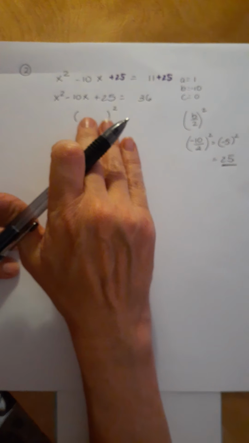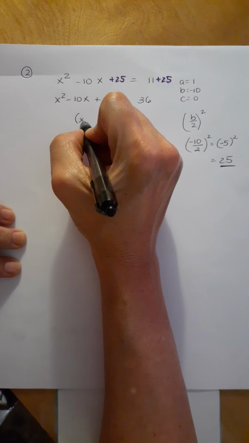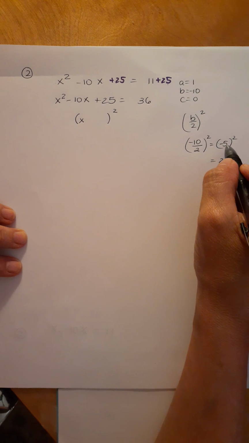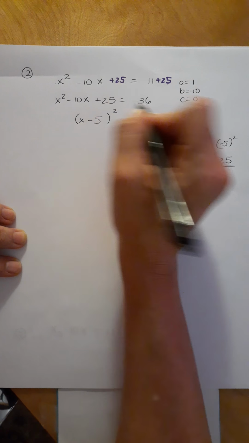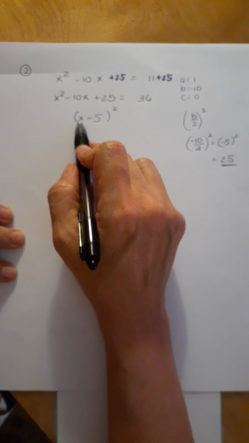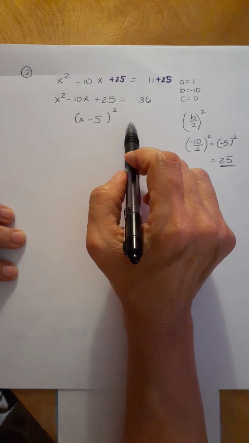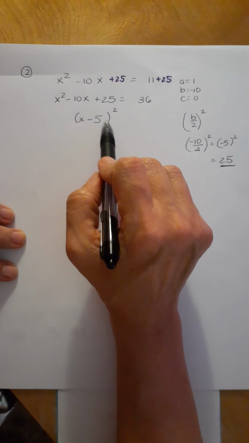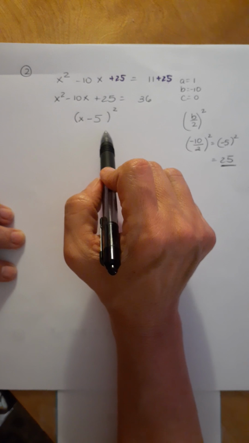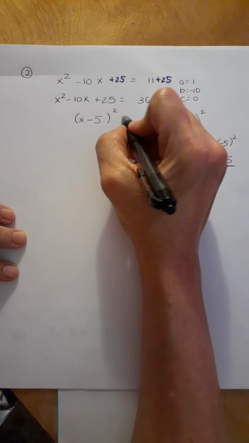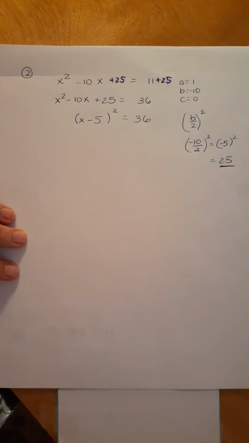It would be like 2 parentheses multiplied by itself. Your squared means you're just multiplying it by itself. My x is x times x. And that 25, what did we get in here in the middle? Negative 5, minus 5. And if I square x minus 5 times x minus 5, I get negative 5 times negative 5, positive 25, and negative 5x minus 5x gives me negative 10x, all equal to 36.